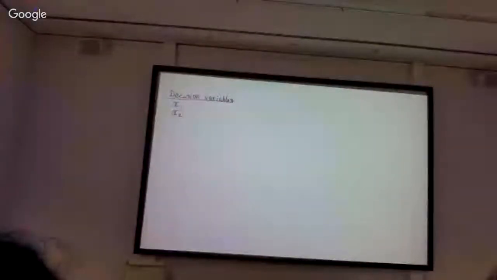So this is what a decision variable is, and I call them x1 and x2 because I like calling them x1 and x2. But you can call them whatever you want later when you're writing your own models.